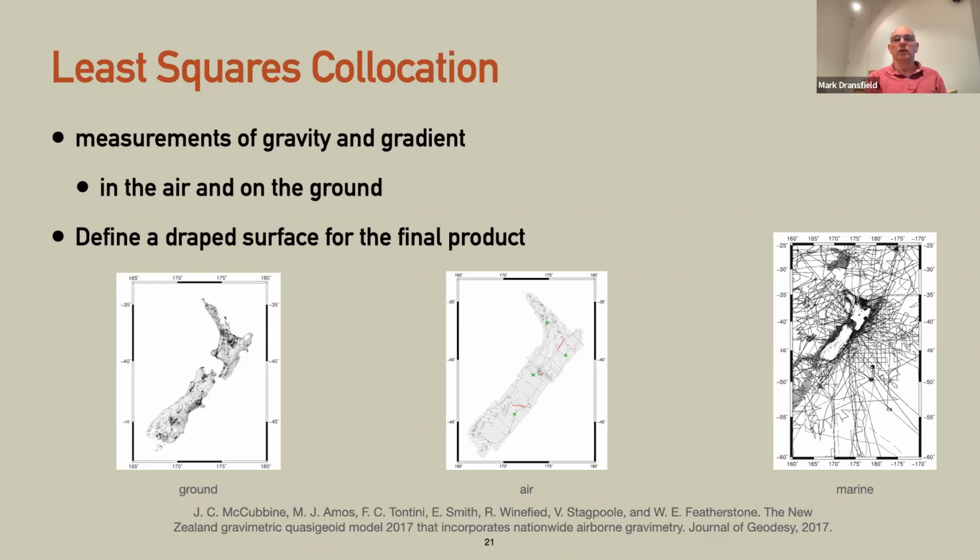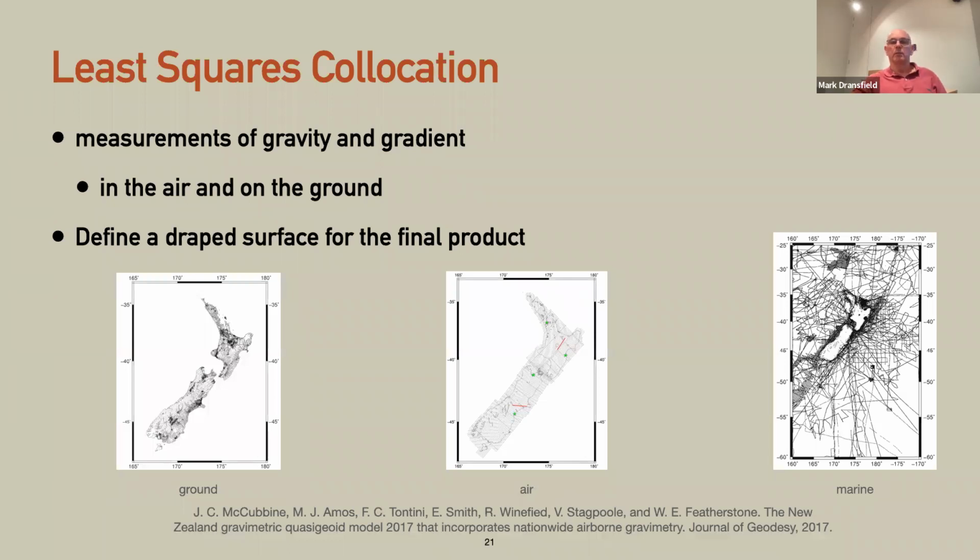I'm showing there in those pictures some examples from some relatively recent work that was done to combine measurements of gravity. I think it was only just airborne gravity, although I put gravity and gravity gradient in there, in the air and on the ground for a new gravity model for New Zealand.